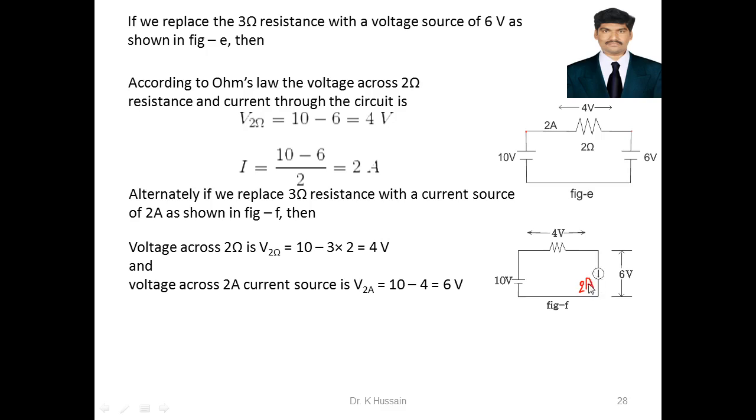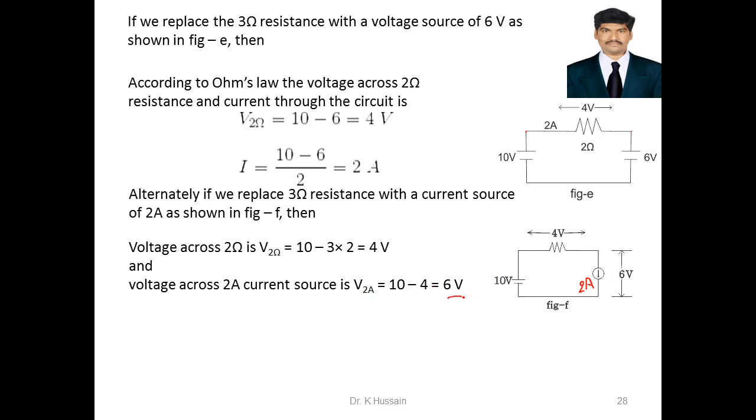That is replaced by this one. 3 into 2 is 6. 10 minus 6 is again 4. Voltage across this one is 4. Now this minus this is this. Voltage across the 2 amp current source is V2A, that is 10 minus this.